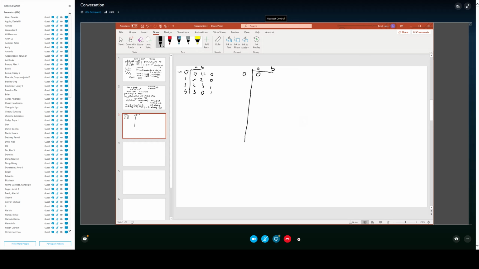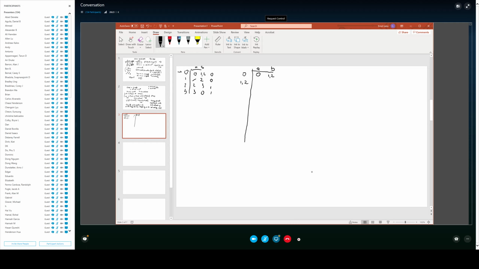From 0 under A, we get 0, which we already have, so we don't have to write it down again. From 0 under B, we go to 1 and 2, which is clearly something we don't have yet, so we have to write it down.